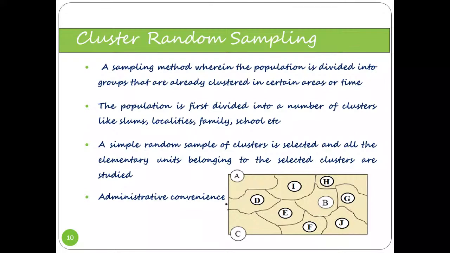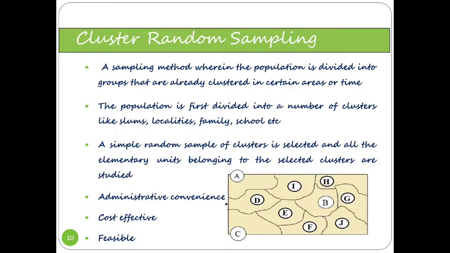In cluster random sampling, administrative convenience will not be there for us. It depends on the randomly chosen state, however it is, you have to go and administer it. It is cost effective provided you are funded so much, or else it is not cost effective.